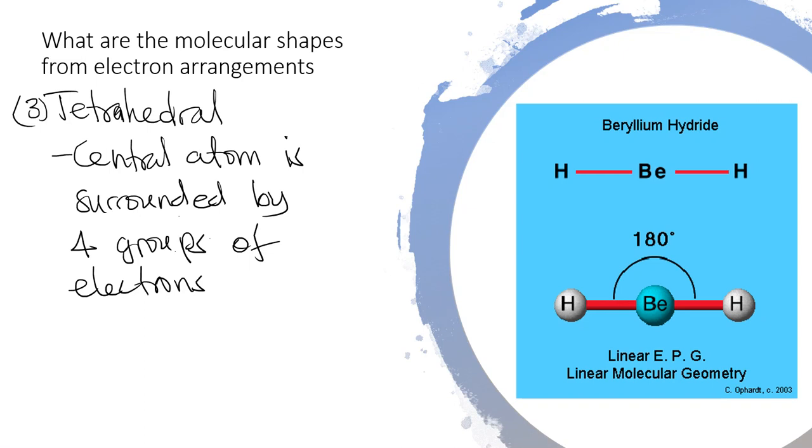Now we have other shapes or other geometries that we are not going to talk about. Now, these are the geometries. We say we have three geometries that we are discussing in this class. That is linear geometry, trigonal planar geometry, and tetrahedral geometry.